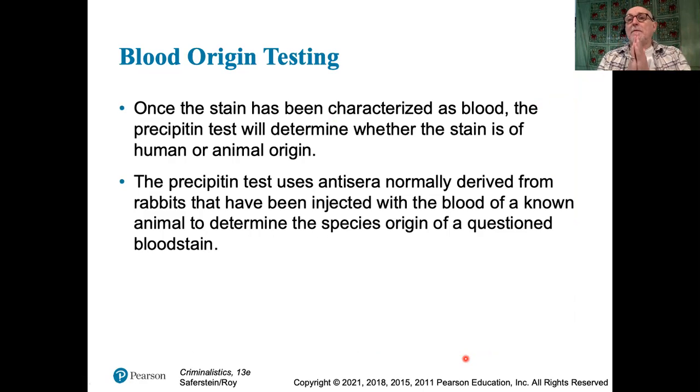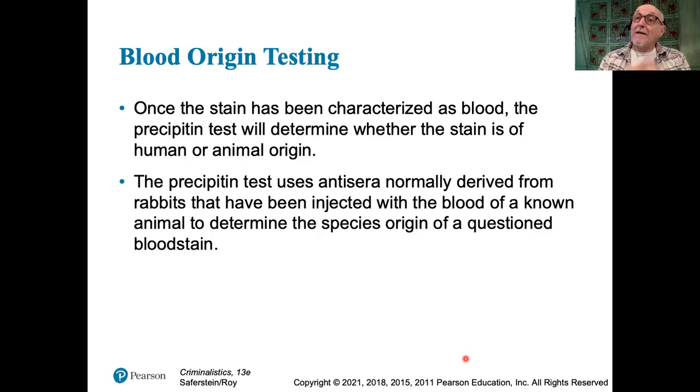If we take human blood and inject it into a rabbit, the rabbit will produce a whole mess of antibodies specific to human blood. In other words, it's producing polyclonal antibody to human blood.